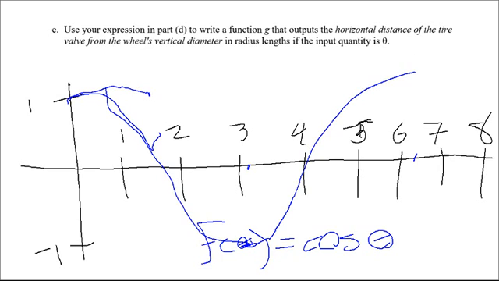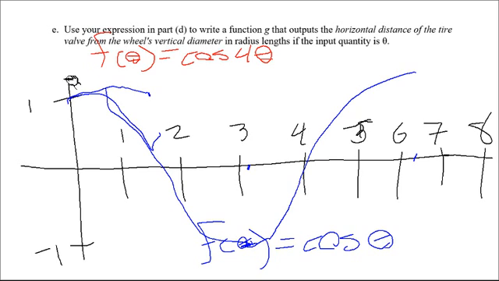Now for f of theta equals cosine of 4 theta, we are going to have completed 4 cycles in the same amount of time. We already determined in the last part of this question that we're going to complete a full cycle after pi over 2, that's about 1.57.